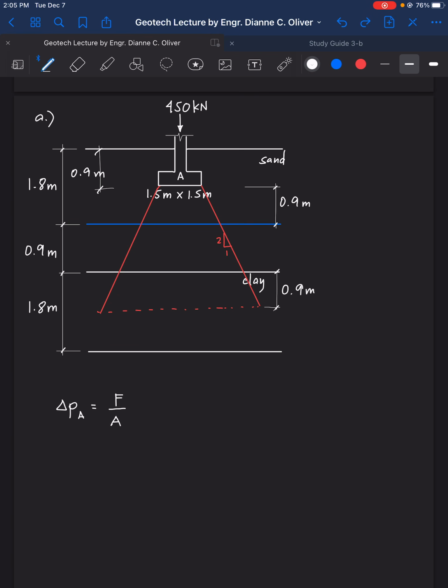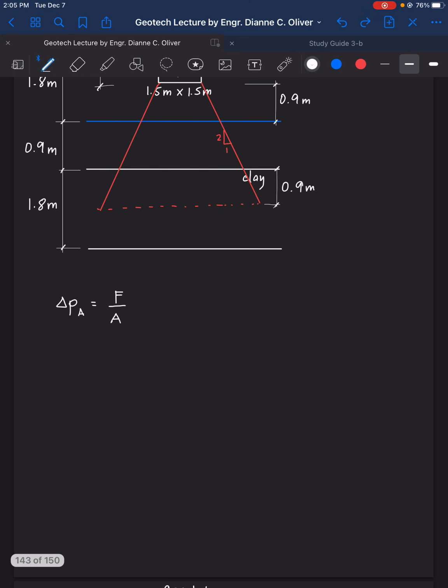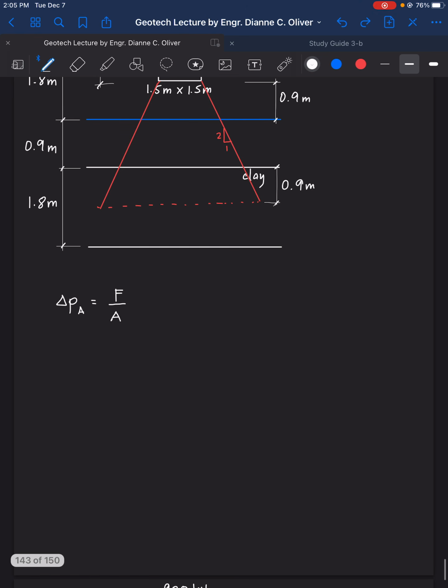So if we look at it in a 3D mode, so this is the 1.5 meter by 1.5 meter base of the footing.